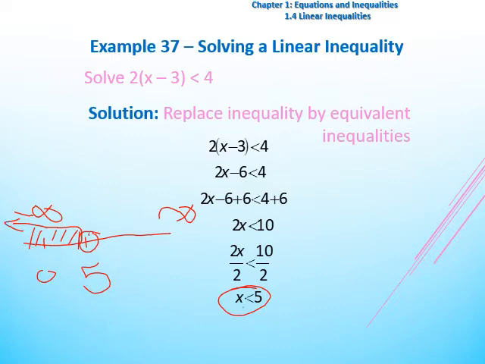It's only x less than 5, not less than or equal. So we can use the interval form to write the solution: a curved bracket, negative infinity, 5, and a curved bracket because it is not an equal sign. So this is an open interval.